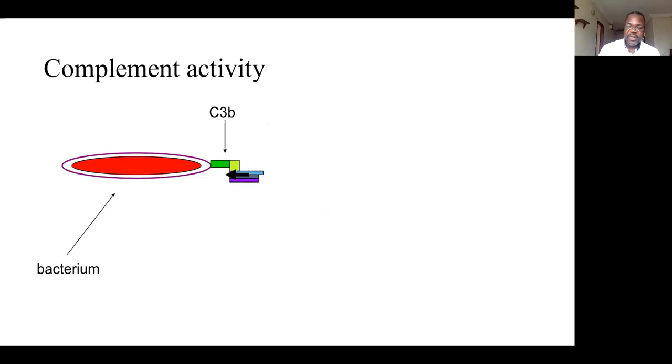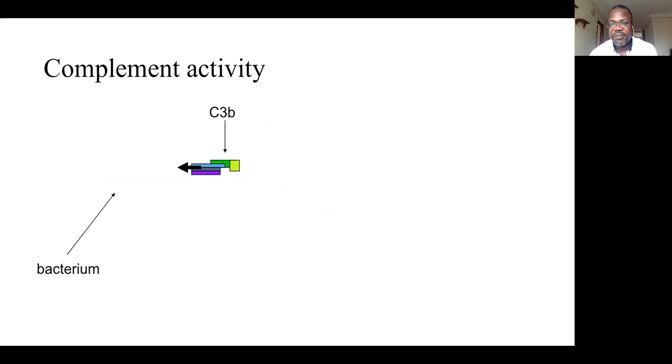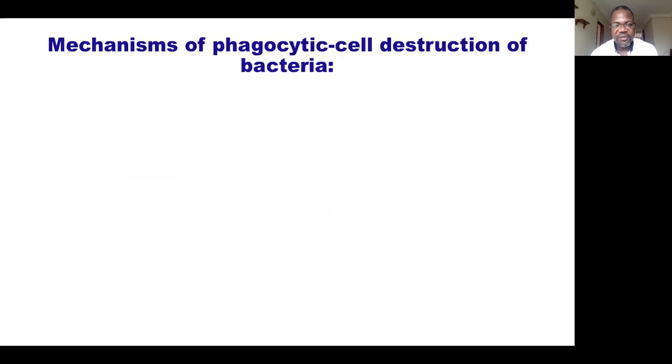So together they will form what we call a membrane attack complex, or MAC. And this will then be able to destroy the bacterium. So there is cell death. Okay, so that is how the complement system works. So the infection is gone.